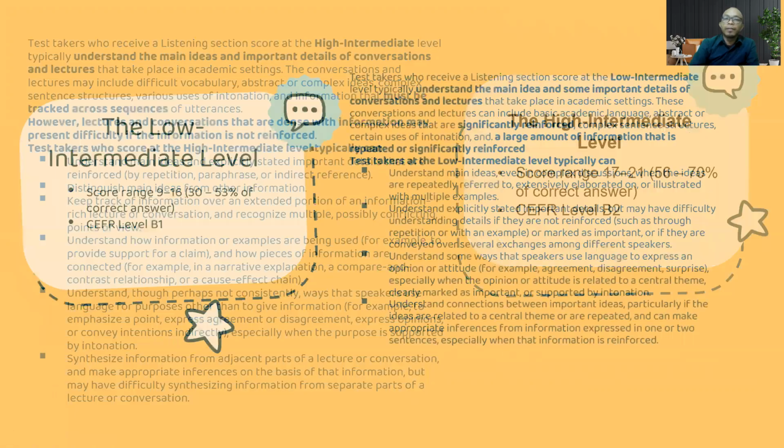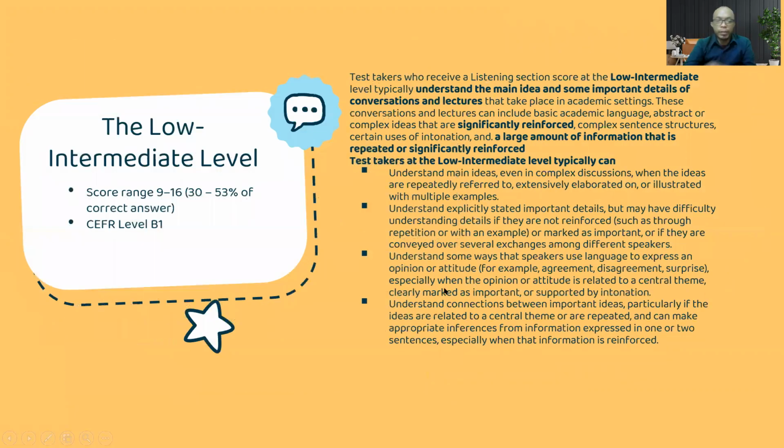The next level under the high intermediate is the low intermediate level, whose score range is 9 to 16, meaning the test taker could answer 30 to 53% of the questions correctly. And the CEFR level is B1.